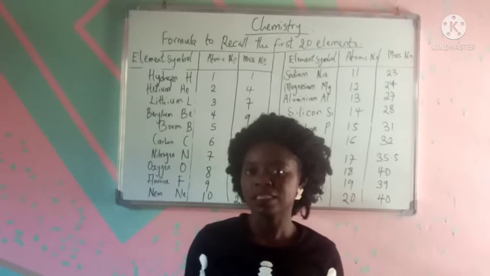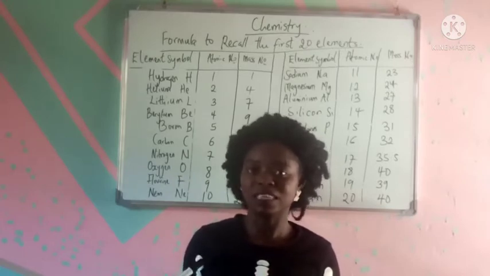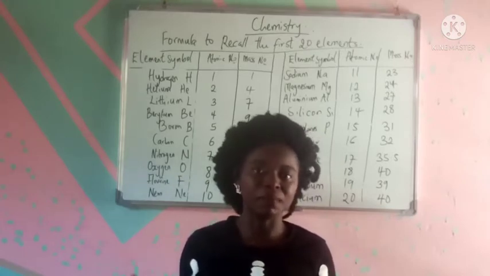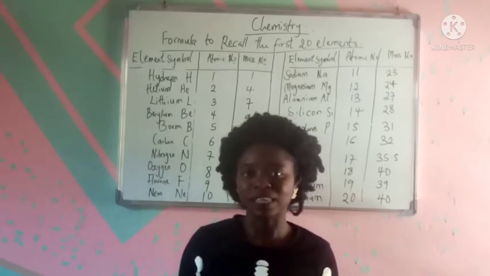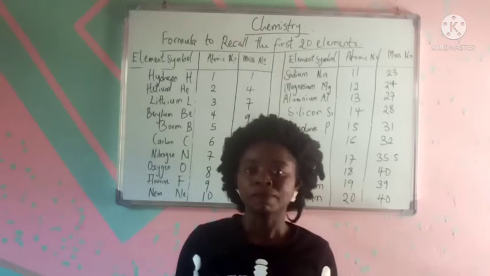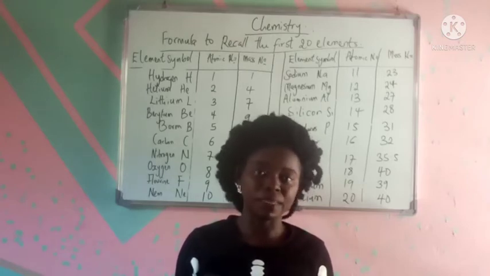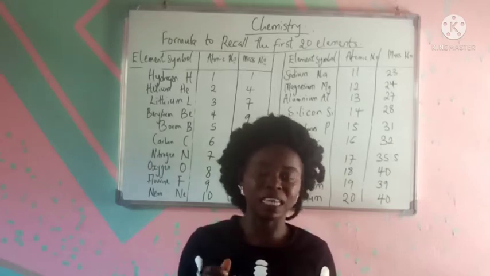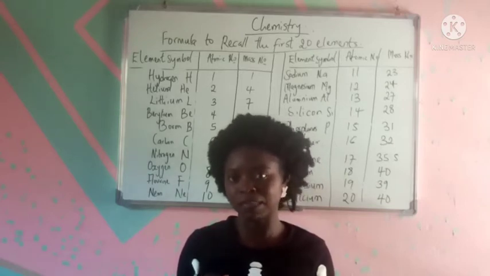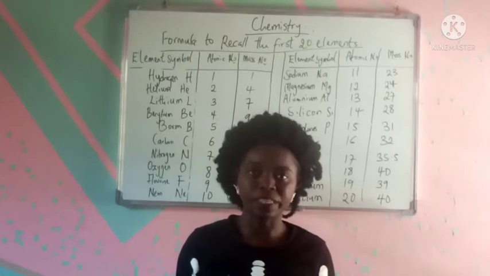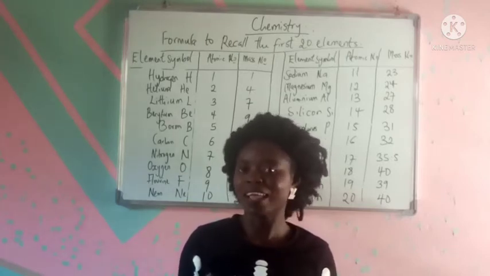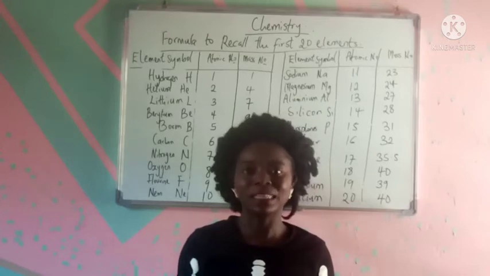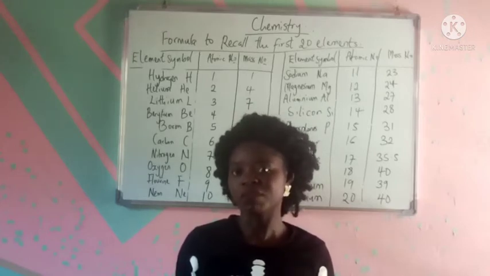To do that, what we'll be using is the mass number of the element, not the atomic number, which was why I advocated earlier that if you are not so familiar with the mass number of each of the elements, especially for the first 20 elements, please go to your periodic table and try to get it into your brain, okay?